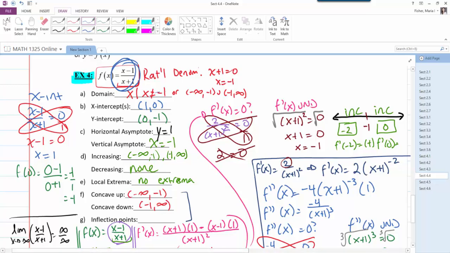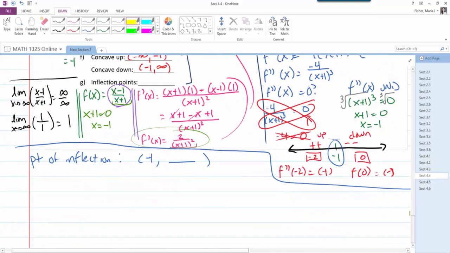Well, remember that negative 1 is not in the domain of the original function, and since negative 1 is not in the domain of the original function, this can't be an inflection point, so my inflection points would be none.